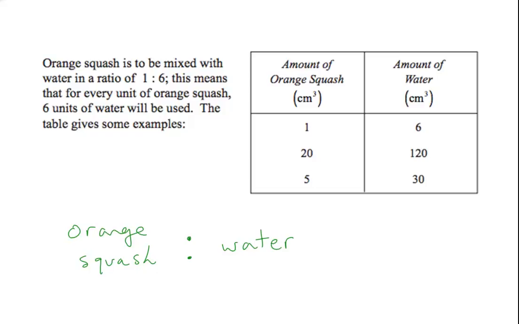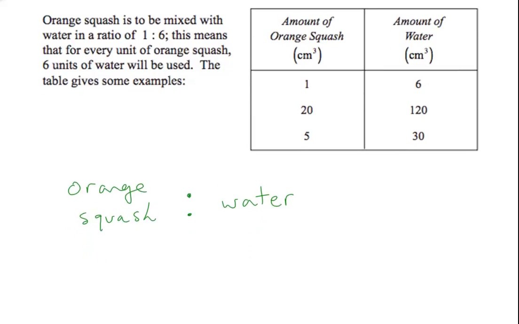And so we would use the values, such as here, the amount of orange squash is 5, colon, amount of water is 30. So that represents 5 parts orange squash to 30 parts water. We could also write this as 20 parts orange squash to 120 parts water. And finally 1 part orange squash to 6 parts water.